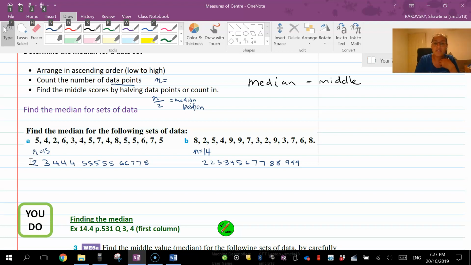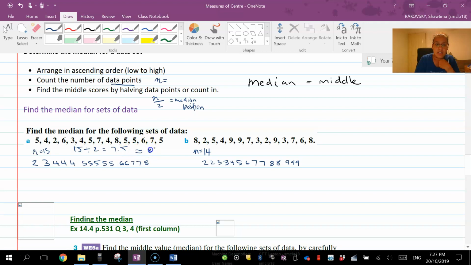So in the case of 15, we divide this by 2. 15 divided by 2 gives us 7.5. So we have 7 on either side and 1 in the middle, and that's going to be your median. So it's going to be essentially your 8th position. If I count across, I'm going to use a highlighter. 1, 2, 3, 4, 5, 6, 7, 8.